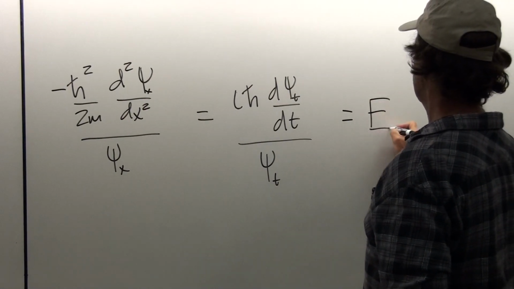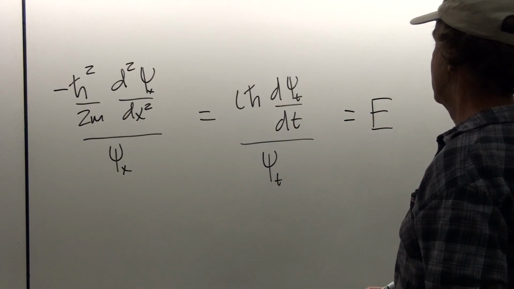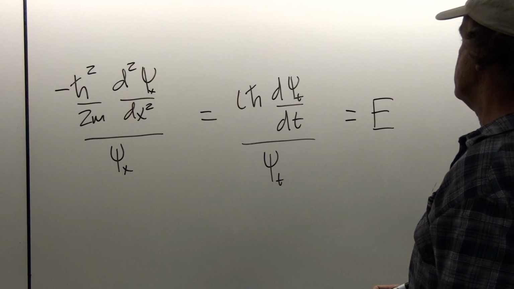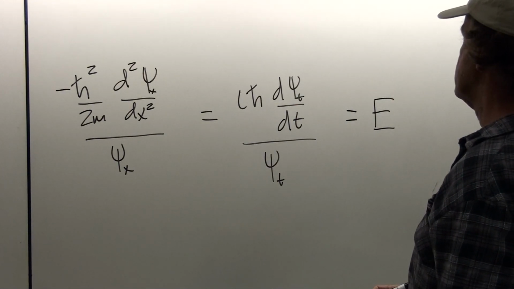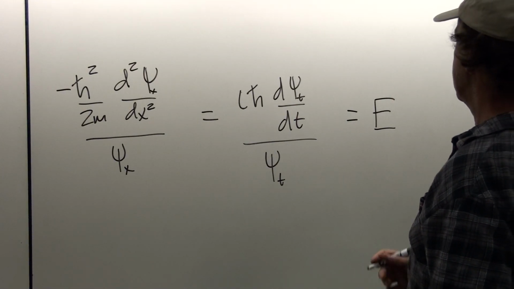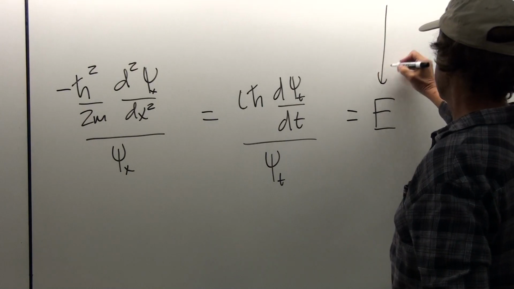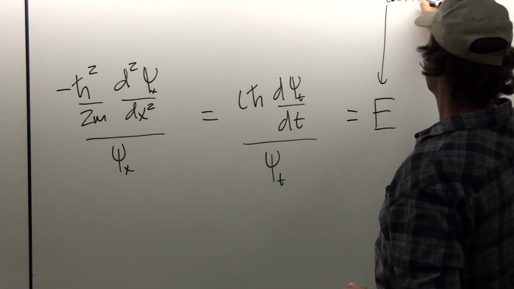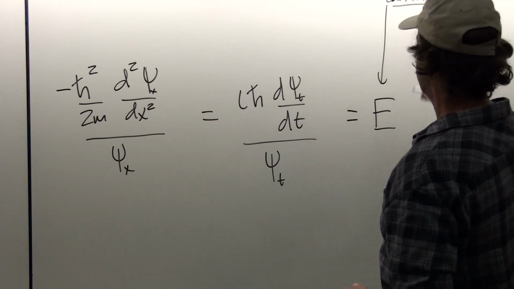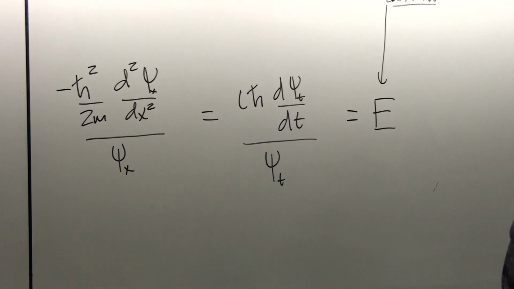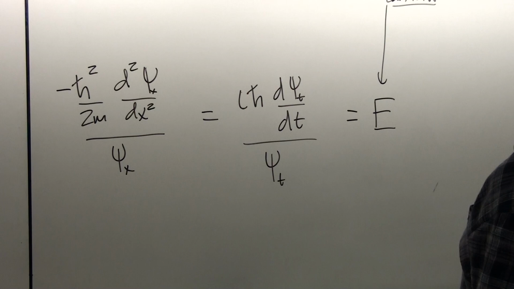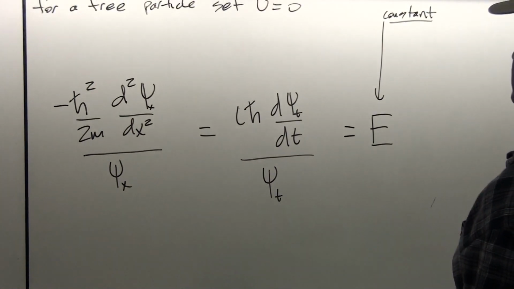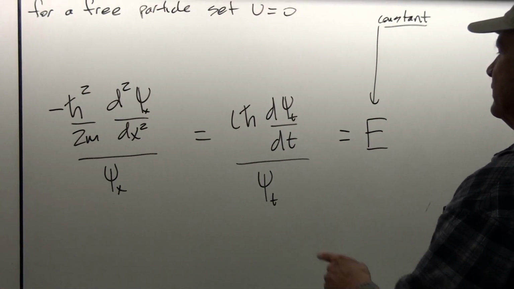And let's call that constant the energy of the system. Because that's what it turns out to be. So this is the constant. But it turns out that the physical description of what that constant represents is the energy of the system.